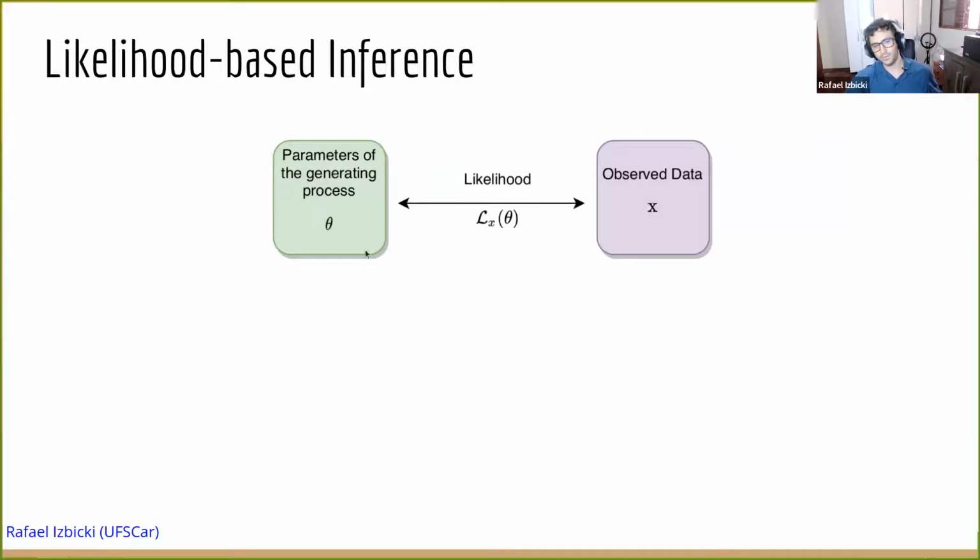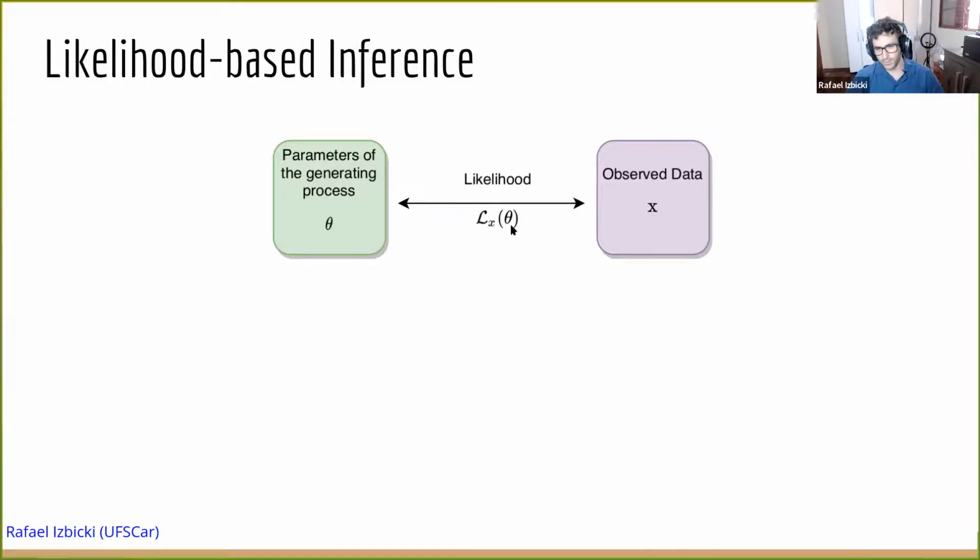To do that, you observe data, which I denote by x, and what links the parameters to the data is the likelihood function. Most statistical inference techniques require you to know the likelihood function, or at least be able to evaluate it up to a constant. It needs to be tractable in some way.